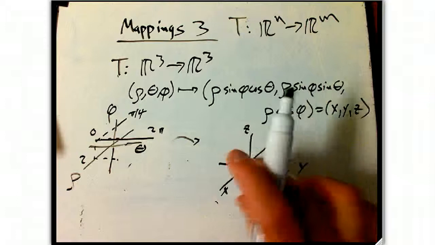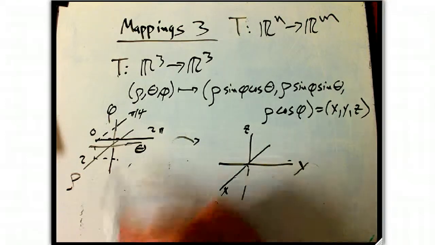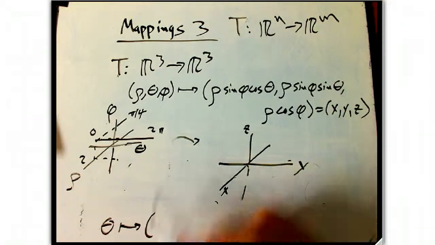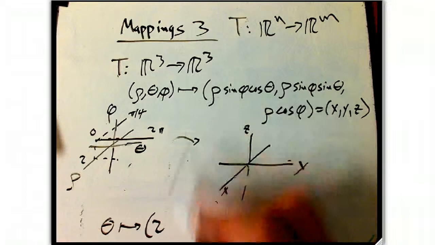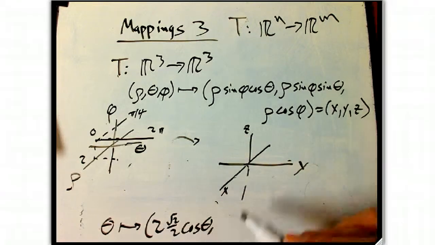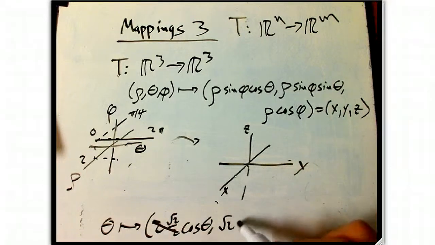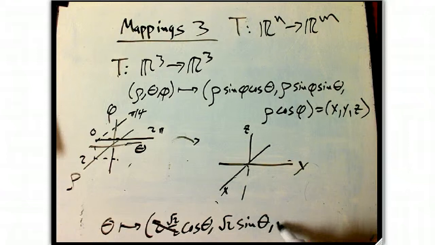Then the variable is theta, and that goes to 2, because rho is 2, and then rho sine phi is root 2, times cosine theta, and then root 2 times sine theta, and rho cosine phi is, again, just root 2.